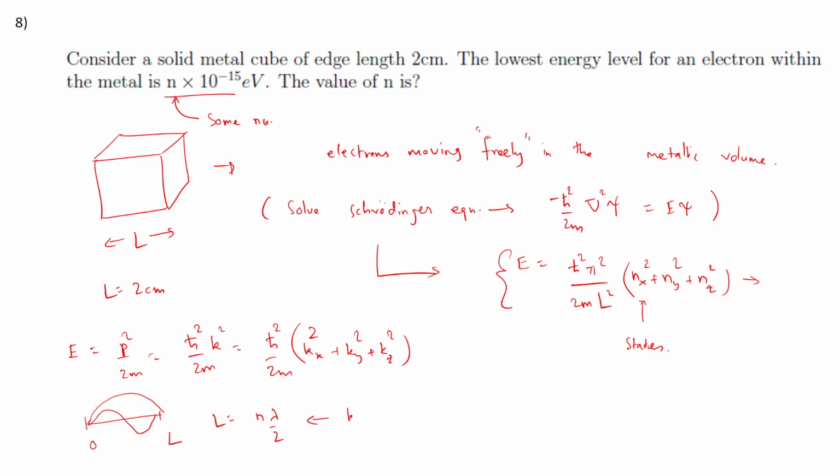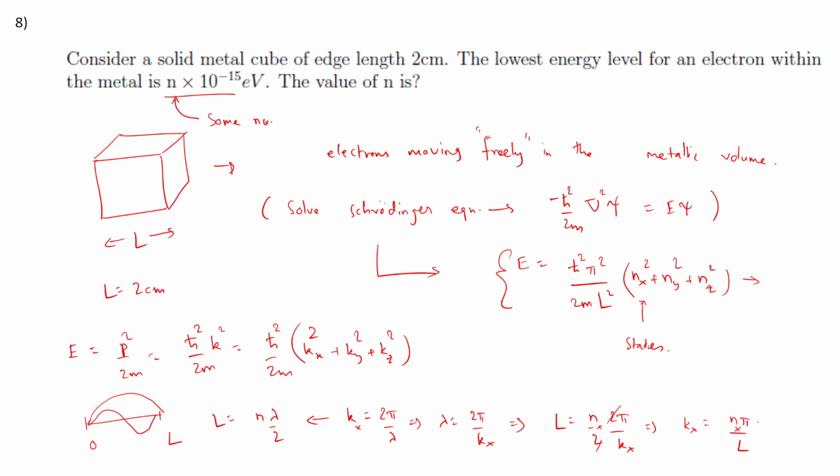And now use kx equal to 2 pi by lambda, or lambda equal to 2 pi by kx. So if you put that, L is equal to n by 2 times 2 pi over kx, so 2 cancels 2, and kx is equal to n pi over L, or since it is along x direction, nx pi over L.